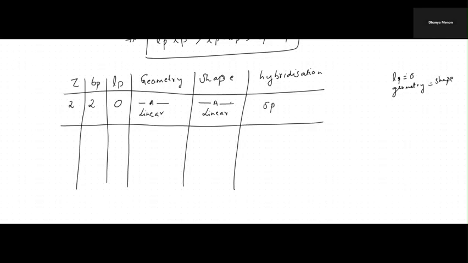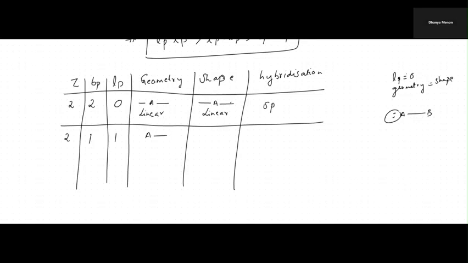Second one is when Z value is 2, and out of the 2, one is a bond pair and one is a lone pair. So it's like this. One is a bond pair and one is a lone pair. So I draw like this. This is the bond pair, and here it can be any other atom, B or hydrogen or anything.